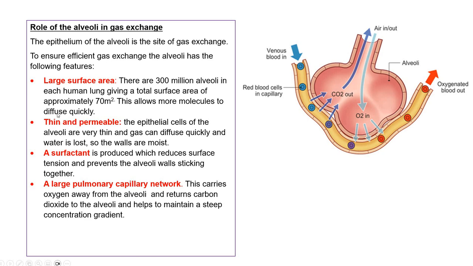They have thin walls which are only 1 cell thick, which provides a short diffusion pathway. They have a large capillary network, which means that there is a constant, steep diffusion gradient because the capillaries are constantly taking oxygenated blood away and carbon dioxide rich blood to the alveoli. So key things: large surface area, short diffusion pathway, good blood supply to provide a steep diffusion gradient.